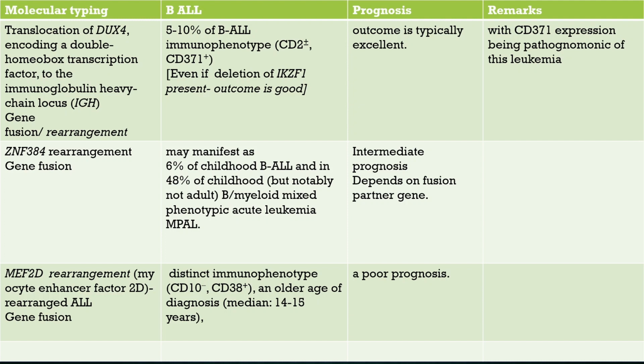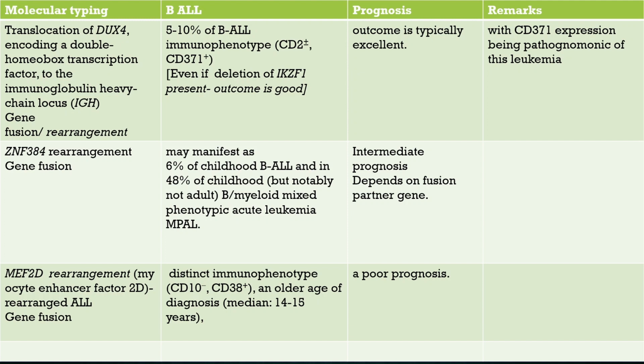This type of BALL shows CD2 positivity and CD371 positivity. Even if the deletion of IKZF1 is present along with this case, the outcome is good. So the prognosis is excellent. And the CD371 expression is a pathognomonic feature of this leukemia.